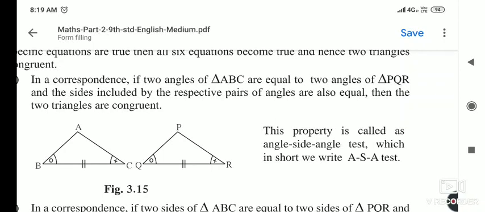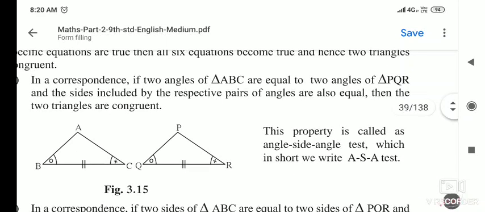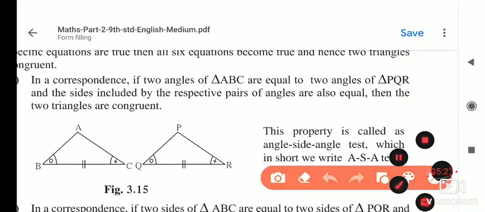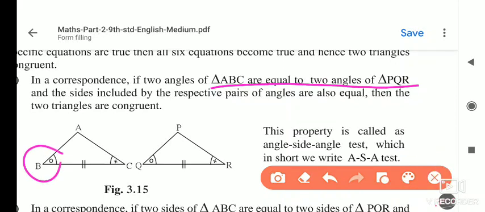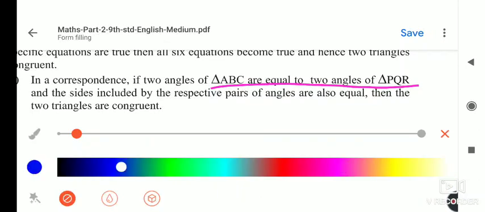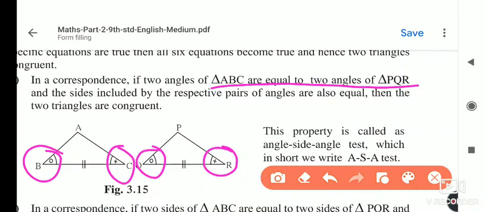So here, in a correspondence, if two angles of triangle ABC are equal to two angles of PQR, which are those angles? B is congruent to Q, C is congruent to R, and the side included by the respective pairs of angles is also equal. Which side do they include?